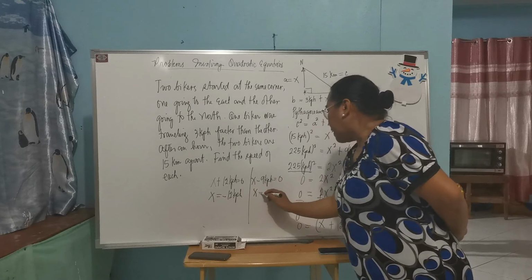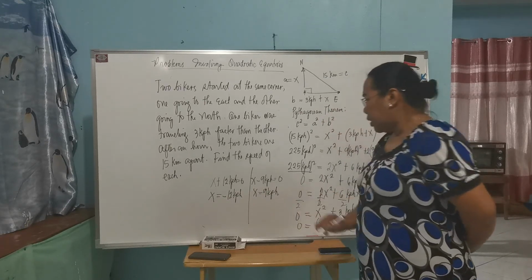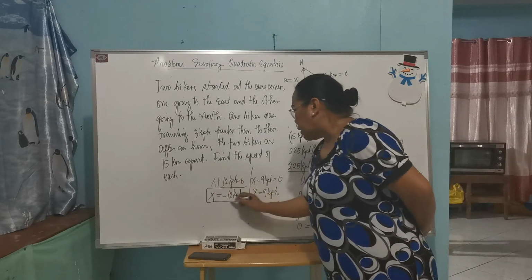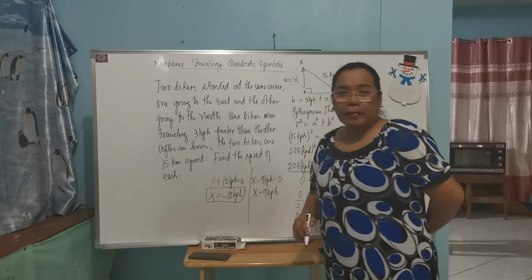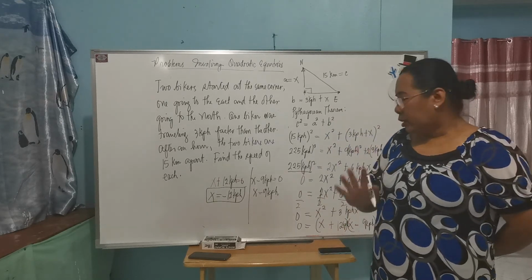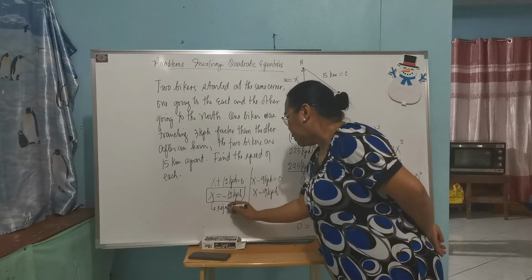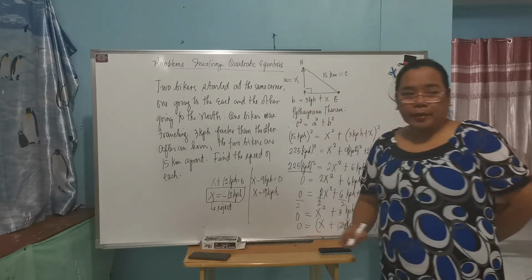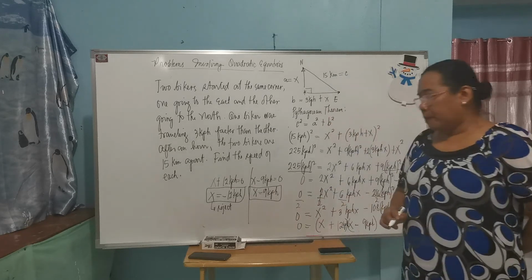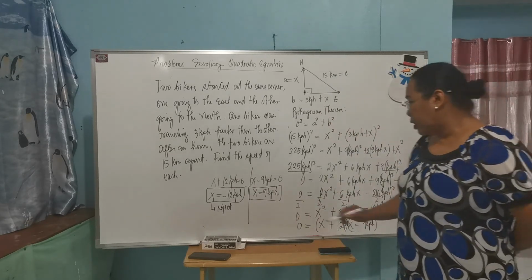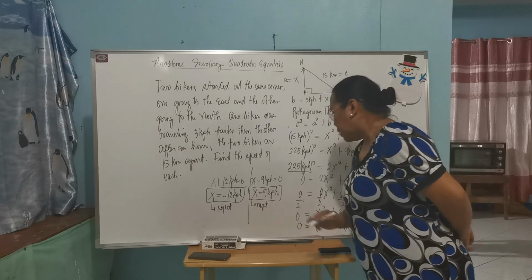On the other side, your x is equal to 9 kilometers per hour. If you take a look at the first value of x, it is negative. Do we have a negative speed? There is no negative speed, so we are going to reject that. On the other side, our speed is positive 9 kilometers per hour, so we are going to accept this one.